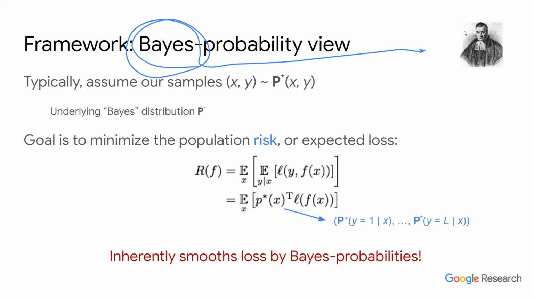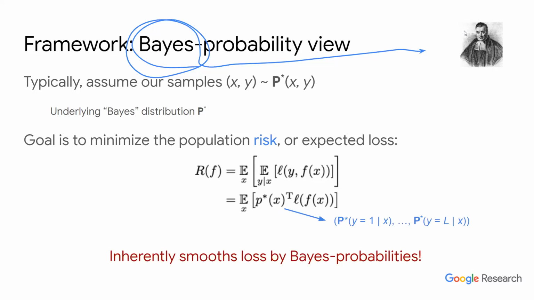P star X, is it the probability of the likelihood of a specific sample? Well, this is the label distribution for example X. It's a label distribution, because you want to multiply it with this loss for all the labels, right? This is not just the distribution of X.